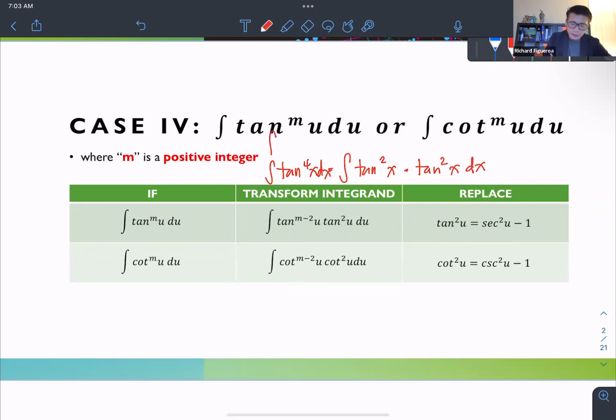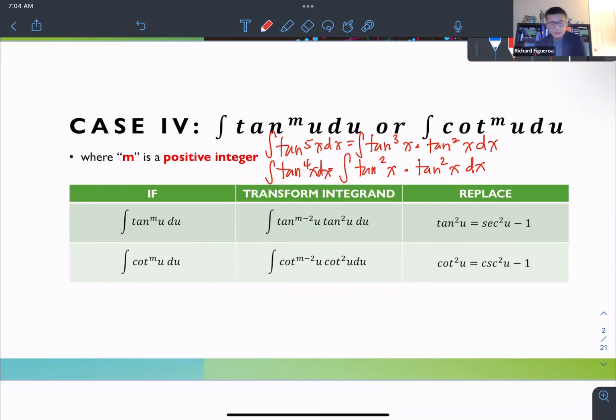If it is tangent to the fifth x dx, we subtract 2, that is tangent cubed x, and we always retain the tangent squared x dx. The same is true with cotangent.